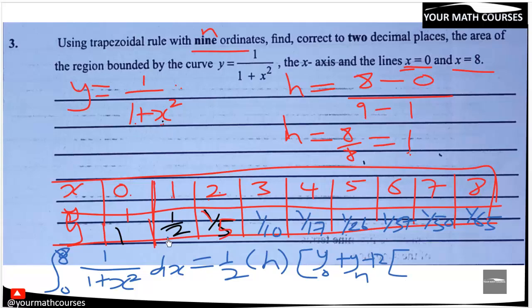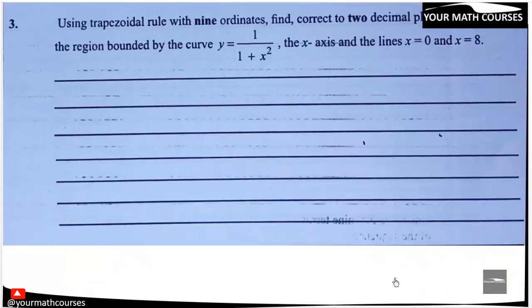So the remaining y values are y1, y2, up to y sub n minus 1. So that is how it goes. So you have to fix in these values and see what we'll get.